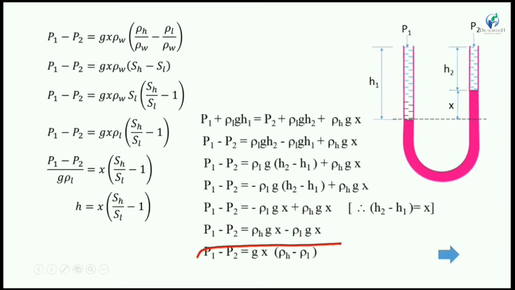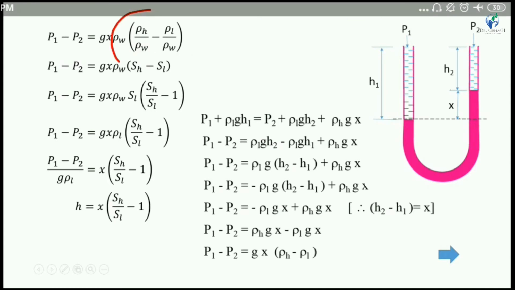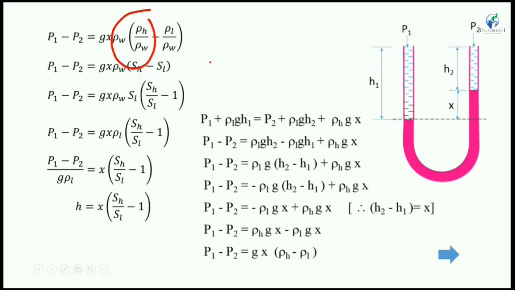Now rearrange the equation, and gx is taken common. Now on the right side of the equation we multiply and divide by the density of water. The ratio of the density of heavy liquid to the density of water is defined as the specific gravity of heavy liquid, and similarly the density of light liquid upon the density of water is defined as the specific gravity of light liquid.